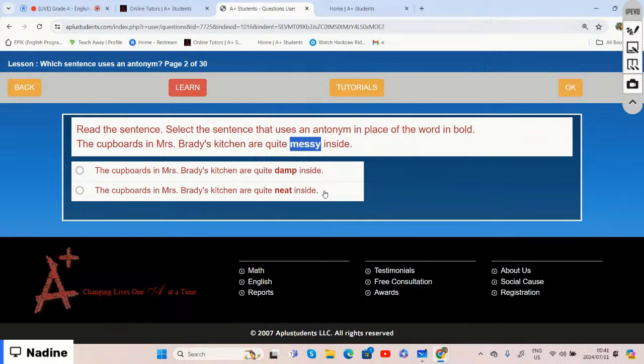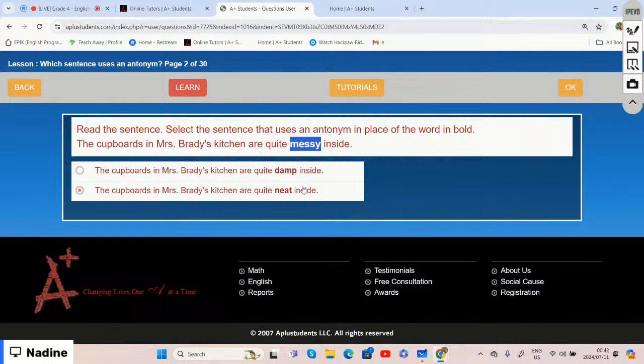Well done. If we were to choose the correct option, we will say the cupboards in Mrs. Brady's kitchen are quite neat.